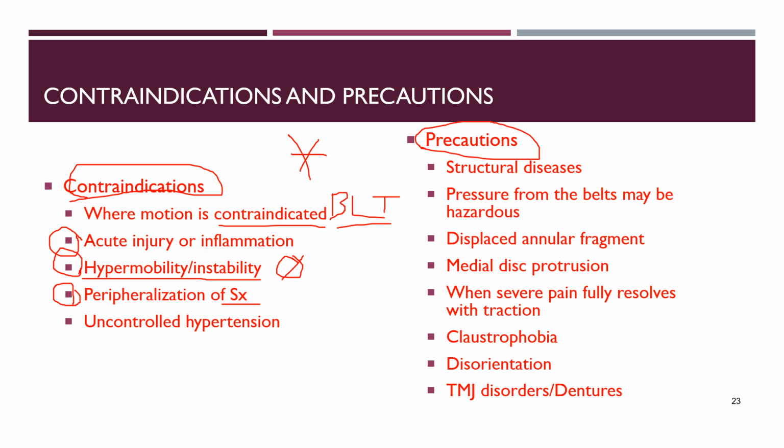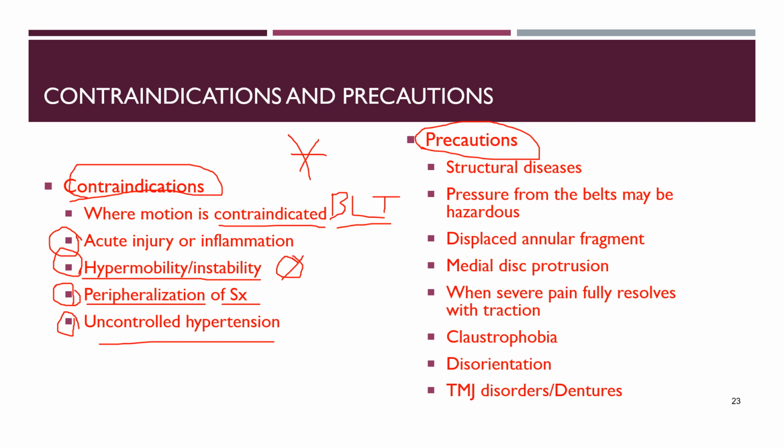If somebody has just hip pain and you put them on spinal traction and they're saying, well, now I'm feeling that into my toes, that's a bad sign. That means the pain is peripheralizing, it's not centralizing. So we have to really monitor that during our session. And if somebody has uncontrolled hypertension, we are going to avoid spinal traction here.